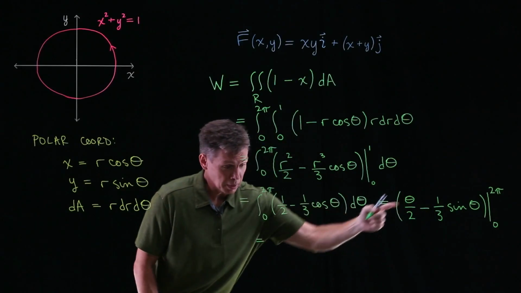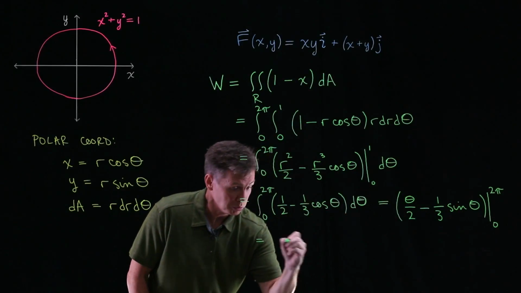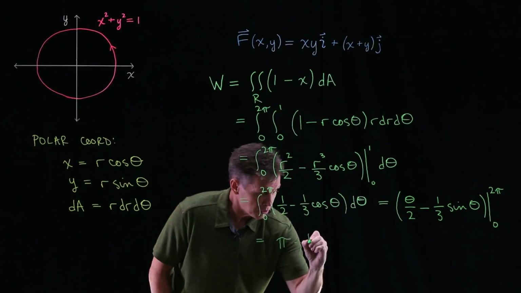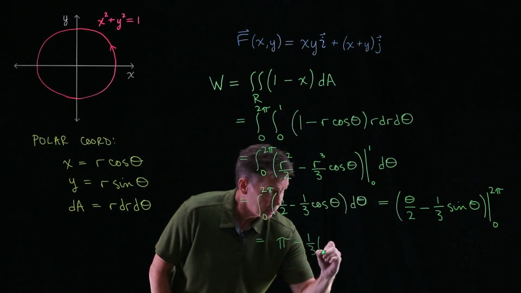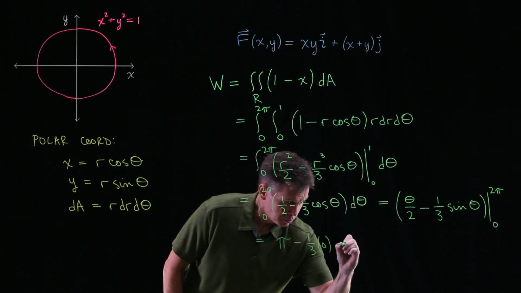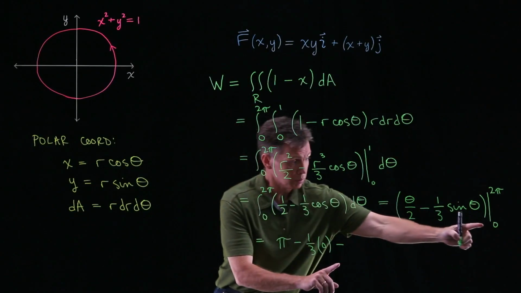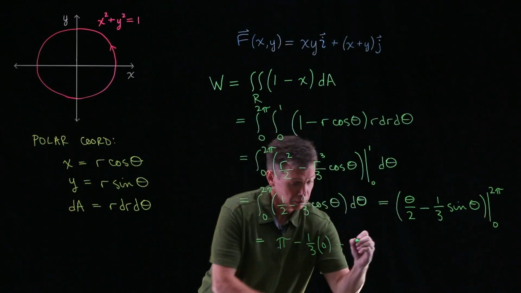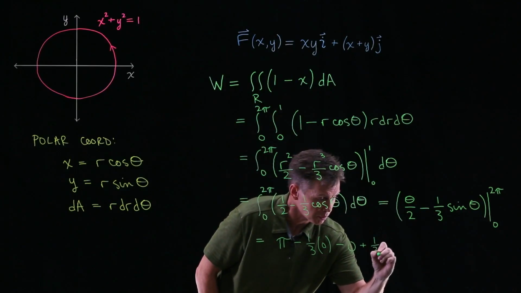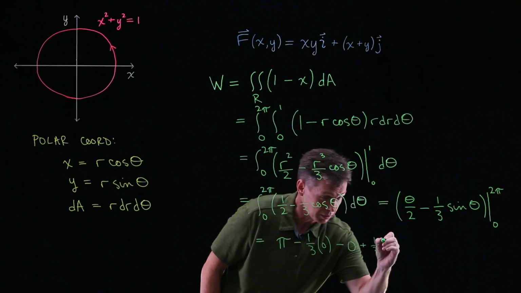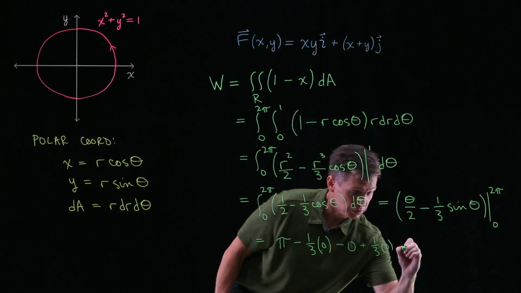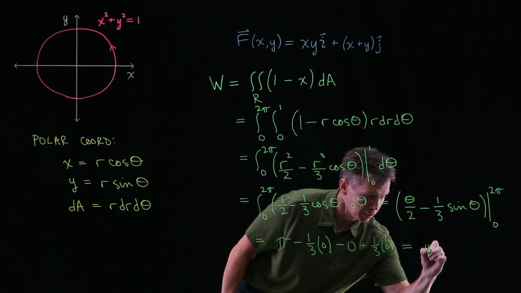Put the top number in, the 2 pi. 2 pi over 2 is just going to be pi. Subtract the 1/3 times sine of 2 pi, and that's 0. And then subtract what happens when you put in the lower limit of 0, and that's just going to be a 0 here. The sine of 0, which is a 0 again. Looks like all of this is just going to be a pi.